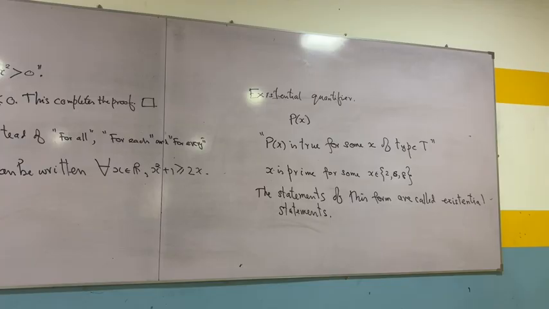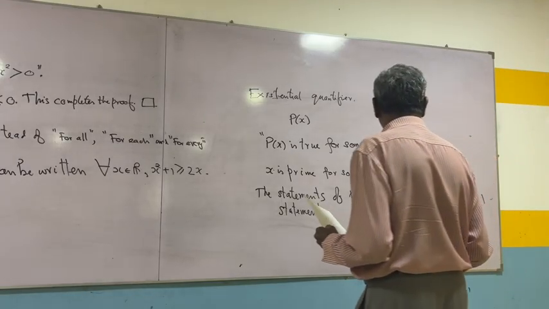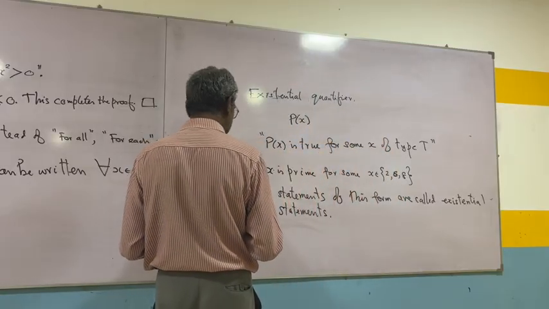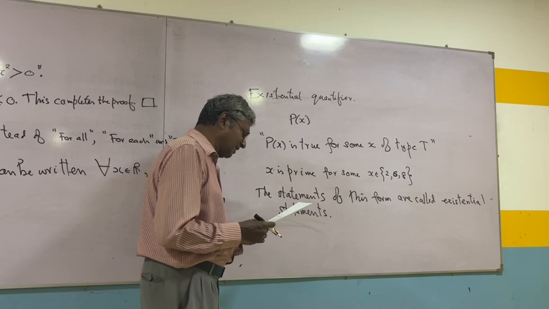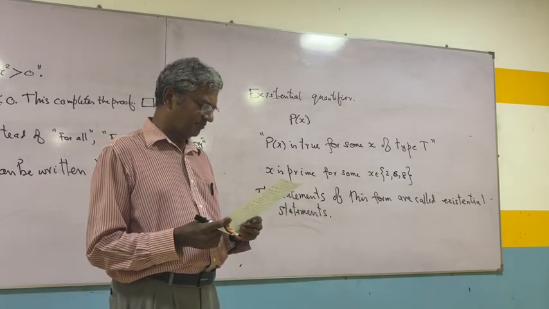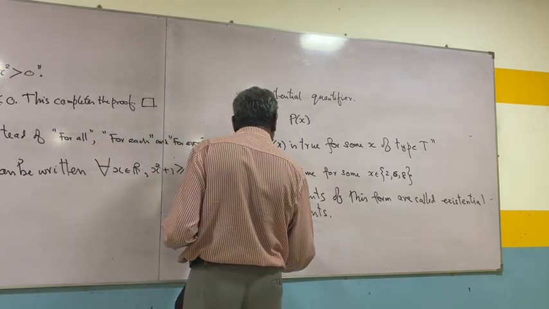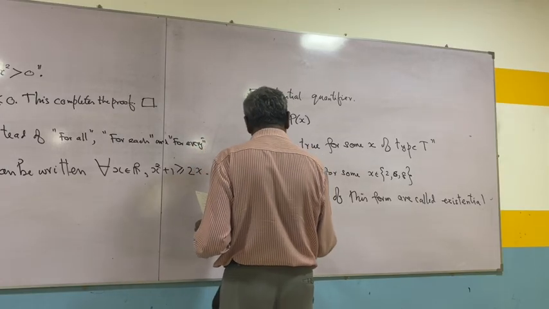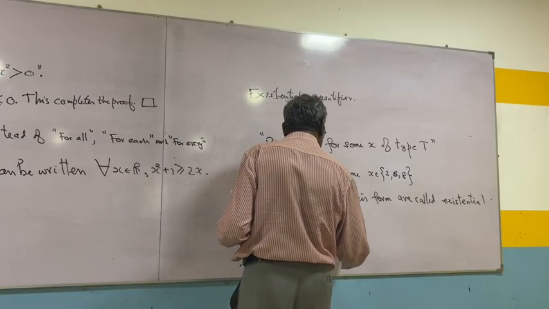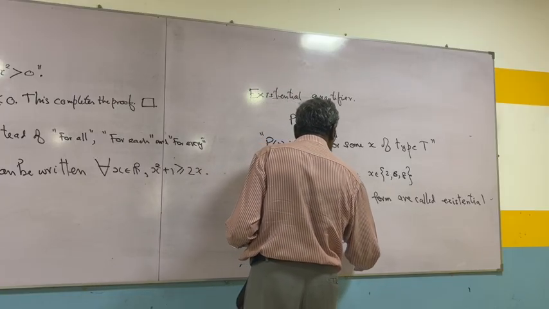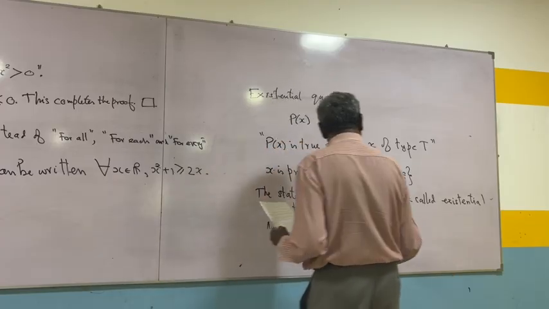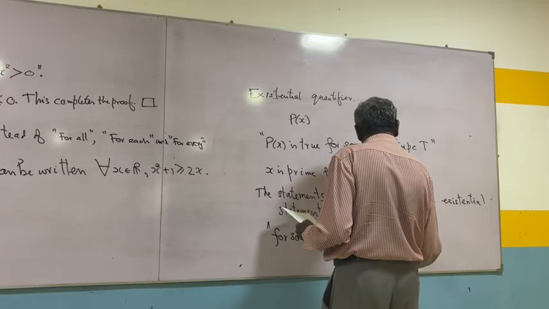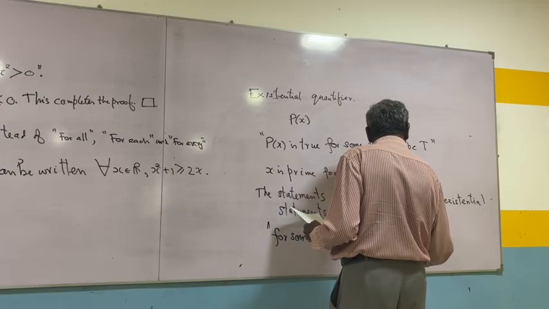The phrase "for some" is called the existential quantifier. So you can write for some, there exists, or at least one, for at least one.